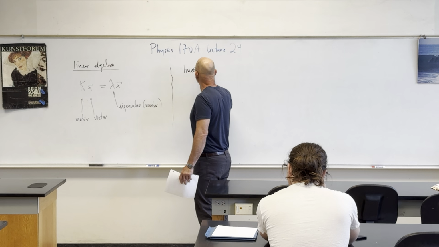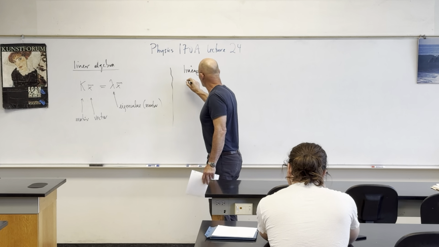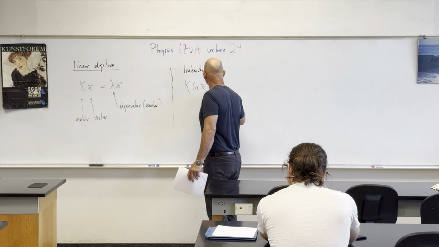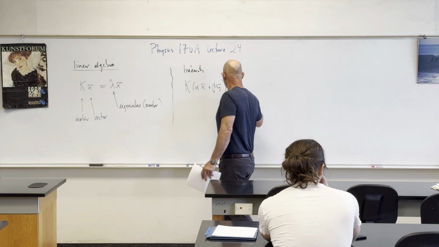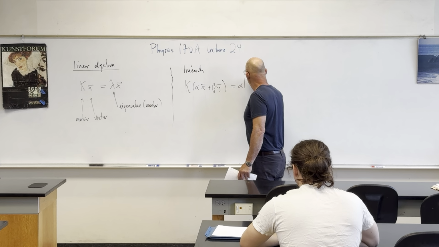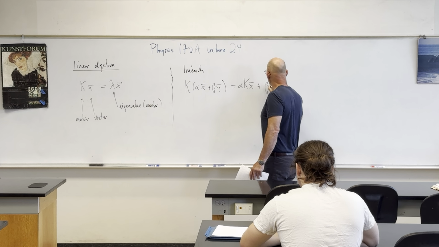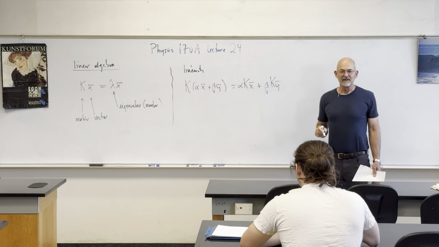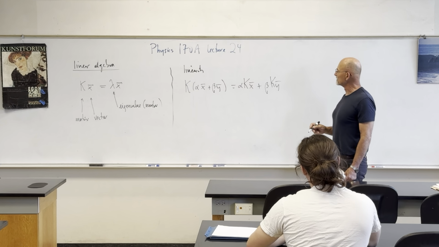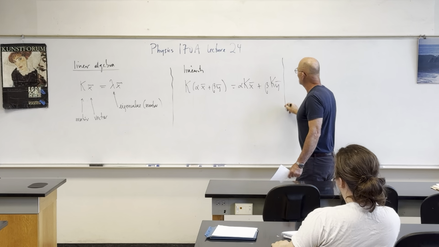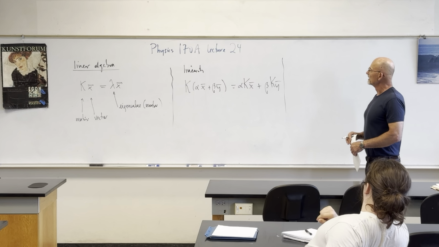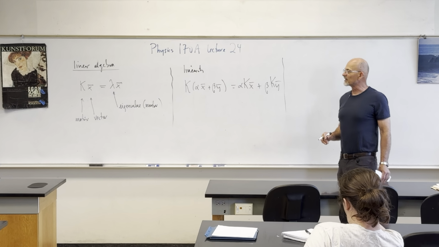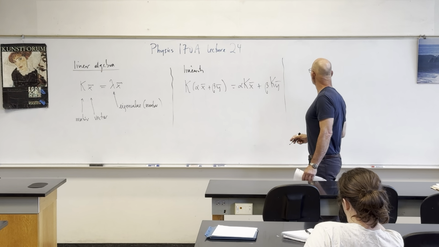So we could have said something like K of alpha x plus beta y equals alpha Kx plus beta Ky. That would be the property of K, the matrix K being a linear operator. So the next thing we're going to do is see in a little more general scenario where these linear differential equations come from. This was Newton's law, 2 masses, 3 springs.